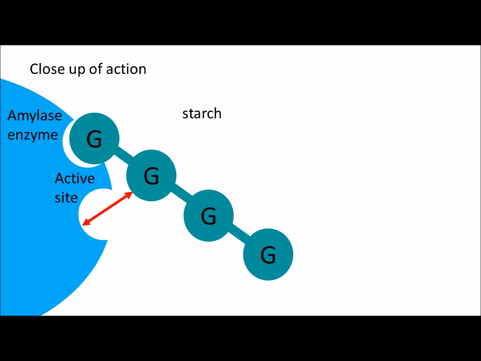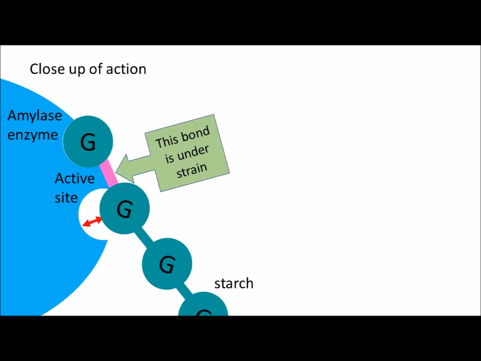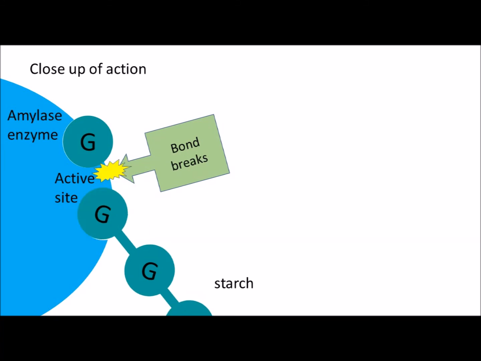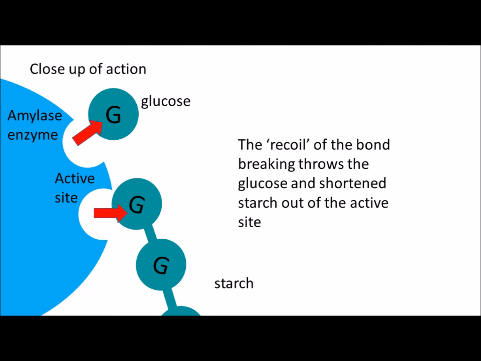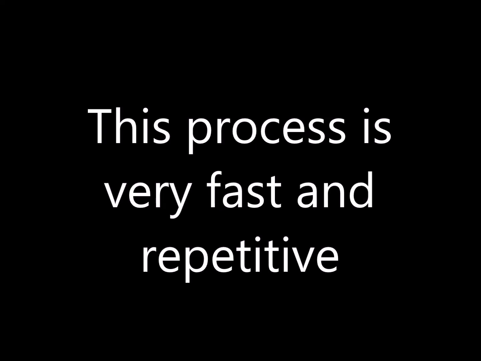Once one of those glucose units is inserted in the active site, a second one tries to fit into the active site, but it's not quite the right shape, so it stretches and the bond becomes under strain. Once the bond breaks, the release of energy catapults the results of the breakage out of the enzyme, and the enzyme is then free to take another bit of starch and do the same thing.